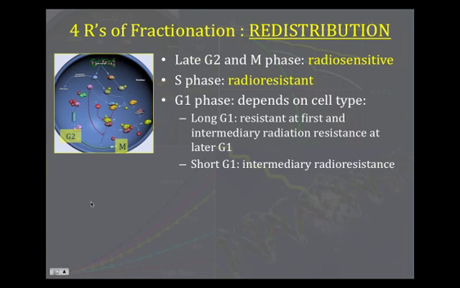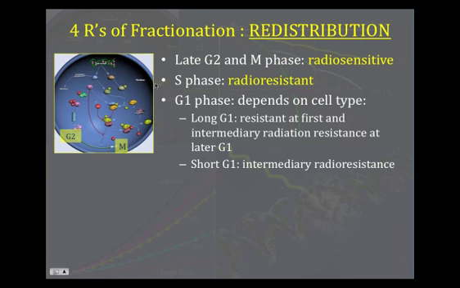The other R is redistribution. That's why I showed that slide where, according to the level of DNA damage, the cells are going to go arresting in different cell cycles. So the first mechanism when the cell feels the damage from radiation is cell arrest, so it can repair DNA damage and hopefully come back to proliferate.